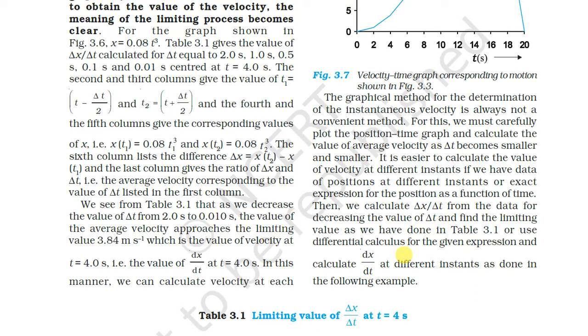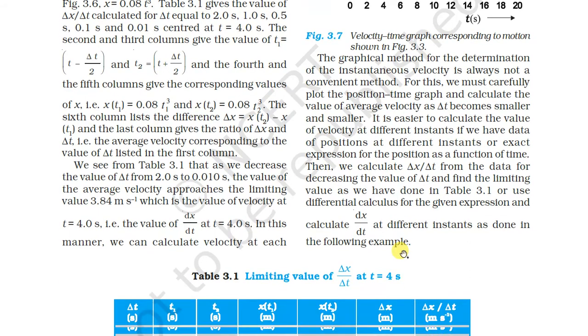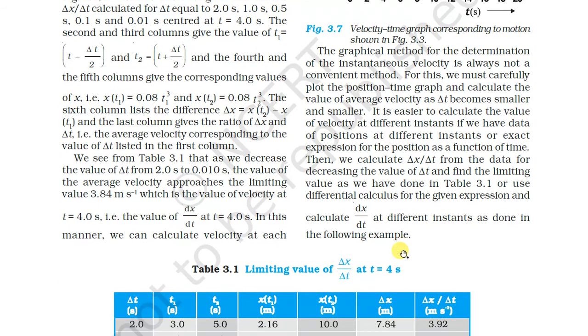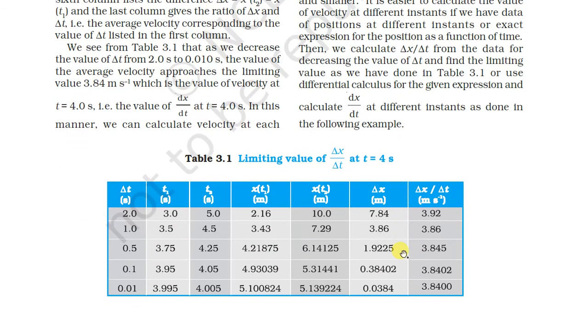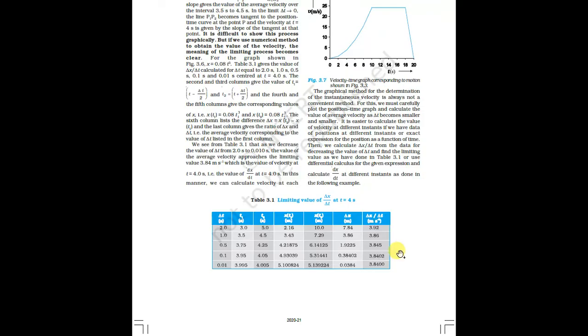Then we can calculate delta x by delta t for decreasing values of delta t and find the limiting value, as we have done in table 3.1. Or we can use differentiation for the given expression and calculate dx upon dt at the instant, as done in the following example.